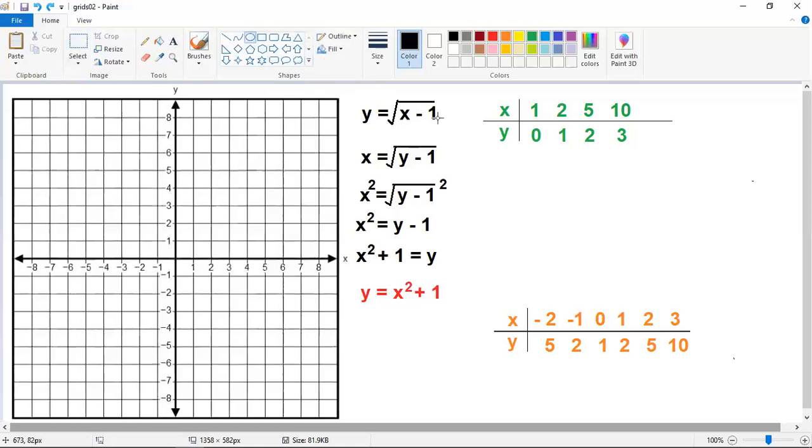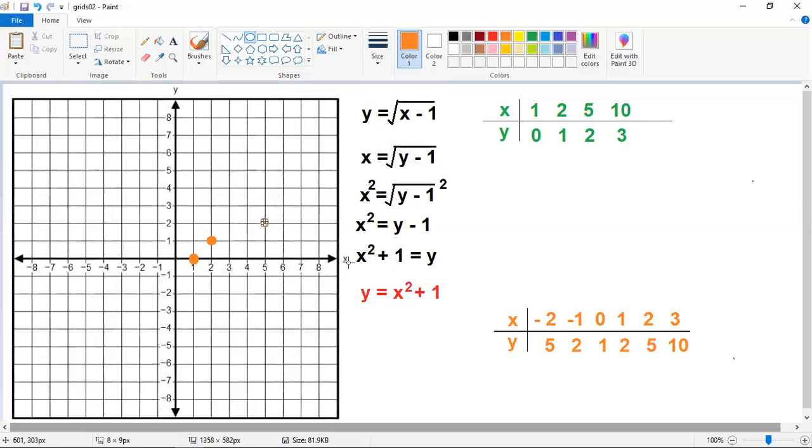Let's graph the radical function. The radical function is half of a parabola that is sidewise. So 1 for x is 0 for y. 2 for x is 1 for y. 5 for x is 2 for y. 10 for x is 3 for y.